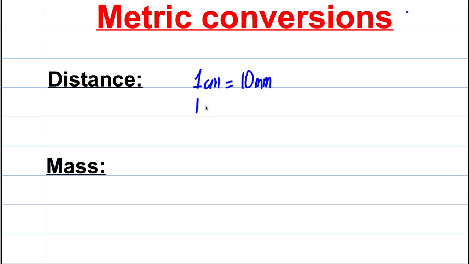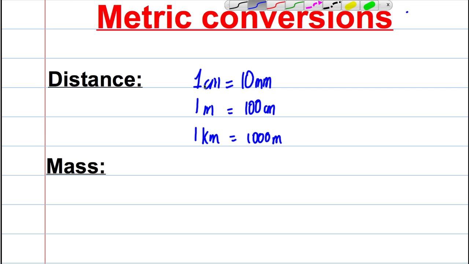Then we need to know that 1 metre is equal to 100 centimetres. And lastly, we need to know that 1 kilometre is equal to 1000 metres. So they're the main units for metric distance we need to be concerned about. These are the conversions we'd use on a regular basis, and they should be very straightforward for you.